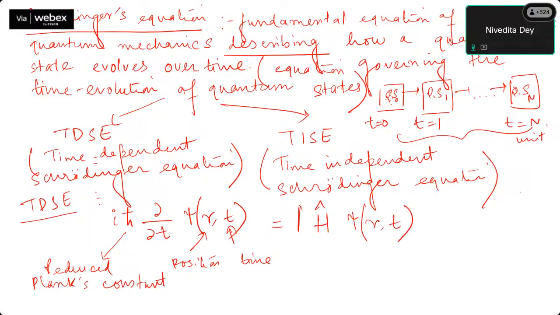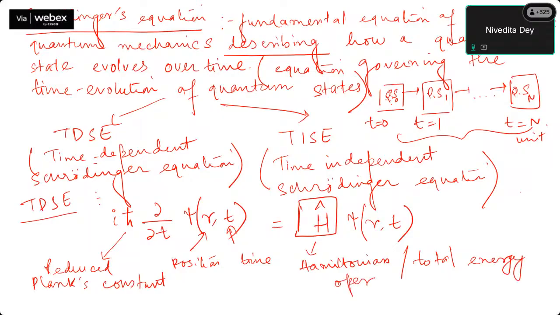This H-hat is called the Hamiltonian operator, also known as the total energy operator. And the h-bar, the reduced Planck constant, is h, Planck's constant, divided by 2 pi.